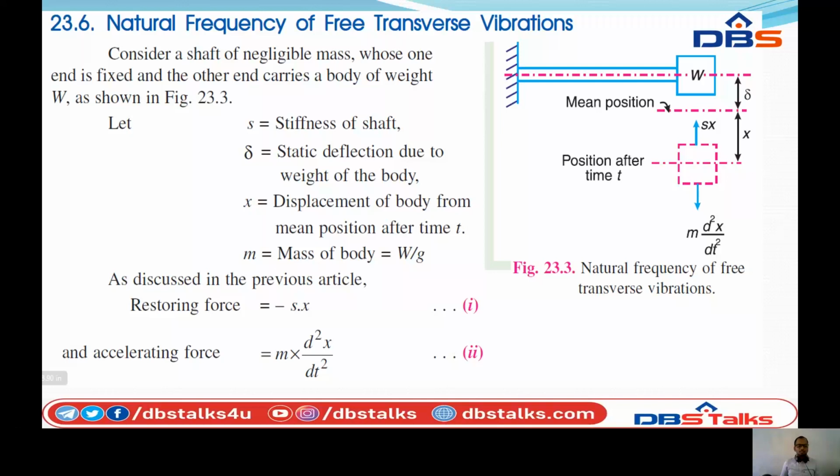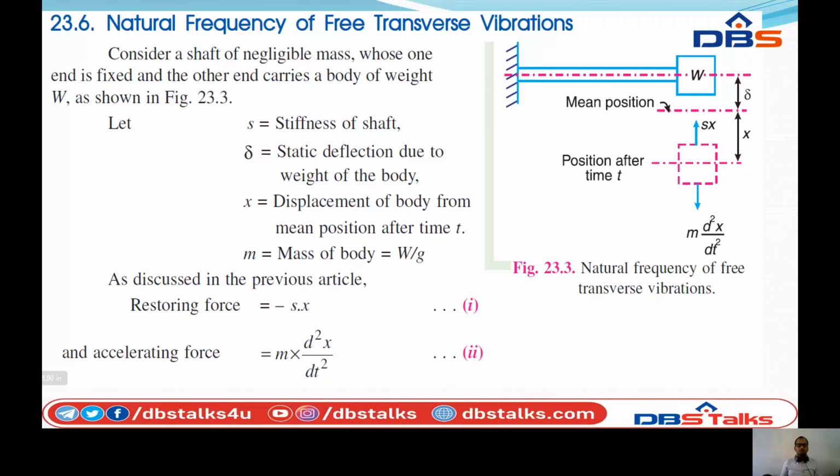Consider a shaft of negligible mass whose one end is fixed and the other end is carrying a weight of W. If you see in the diagram here, let S be the stiffness of the shaft and delta the static deflection due to the weight.